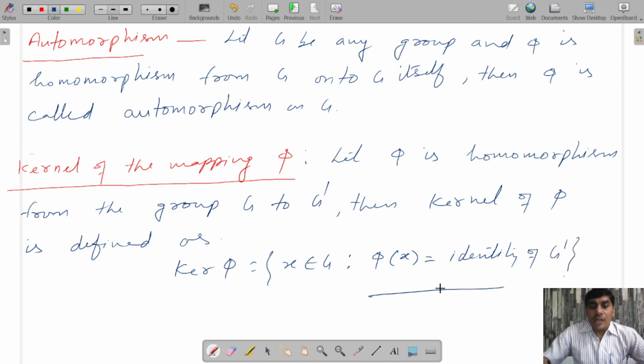That means kernel of phi is a subset of G. The elements in kernel of phi are those whose image under phi is the identity element of G dash.